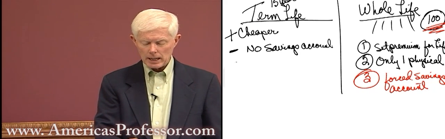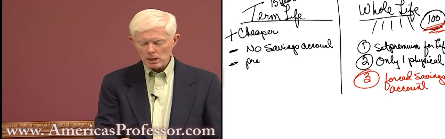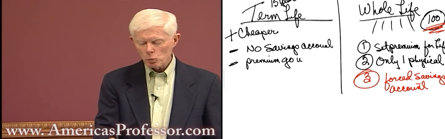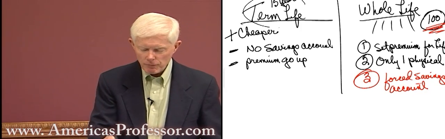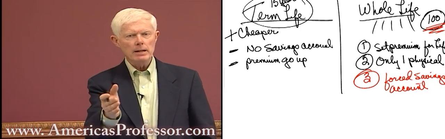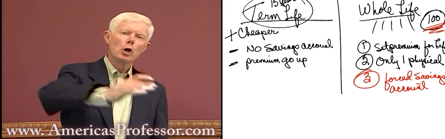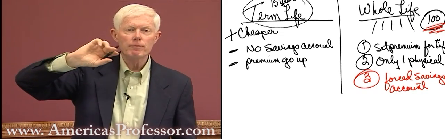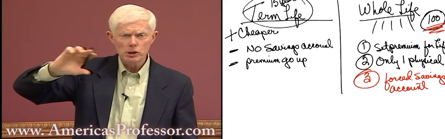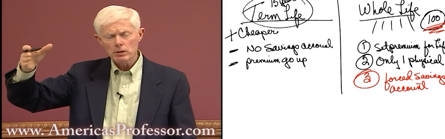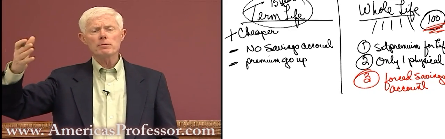Second thing is the premium will go up. Now, it won't go up during this 15-year term. It'll be set for that time period. But at the end of 15 years, it will go up astronomically unless I take a physical and prove I'm in pretty good shape. Now, what I don't know is what will my physical condition be in 15 years.